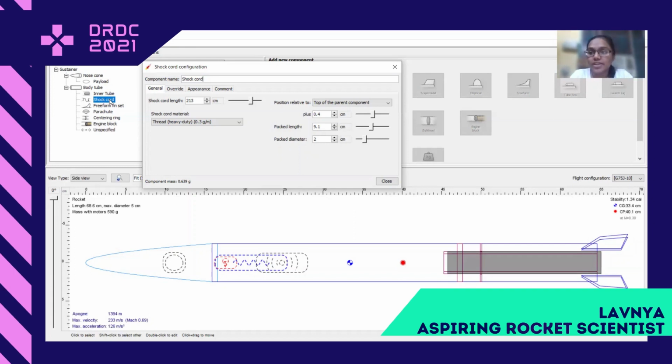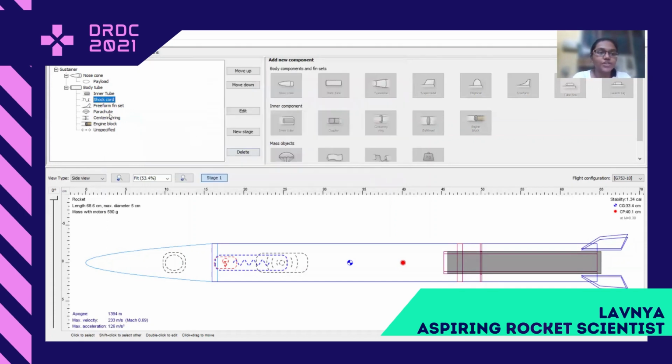I have considered this for stability, apogee, and other things. I also heard that thread is going to be resistant. This shock cord has a pack length of 9.1 centimeter and a pack diameter of 2 centimeter.